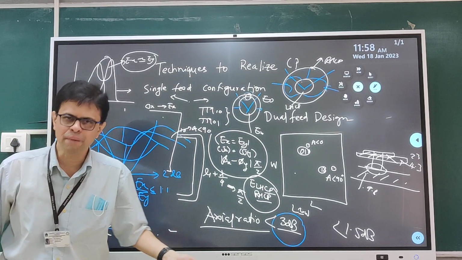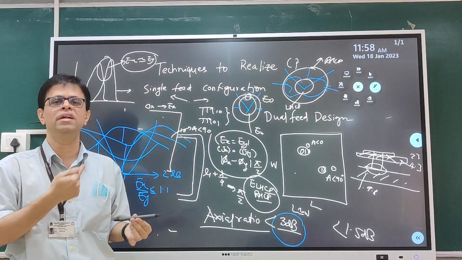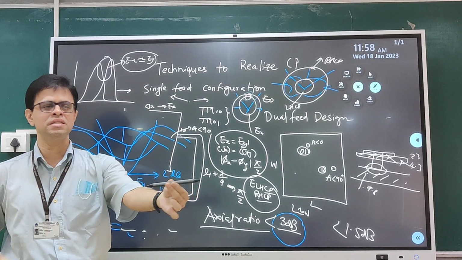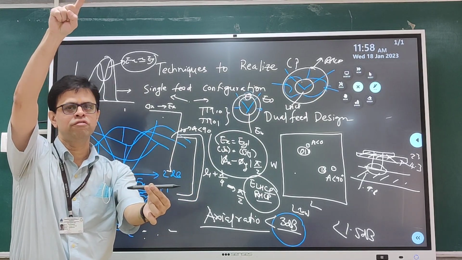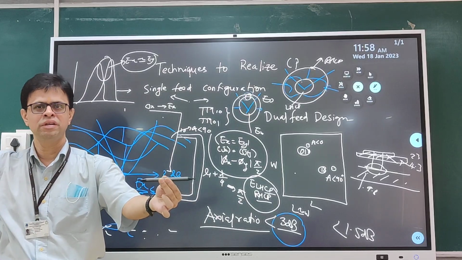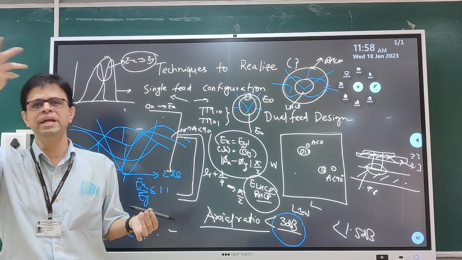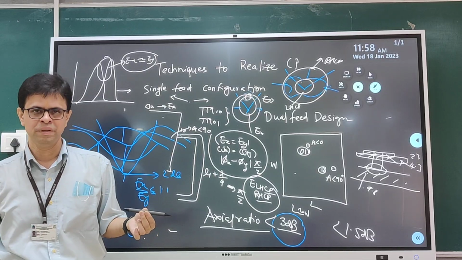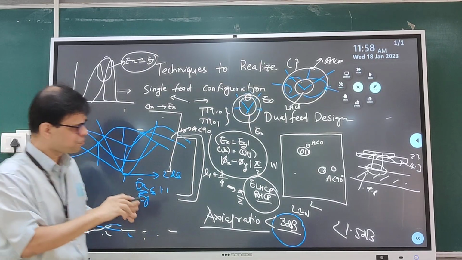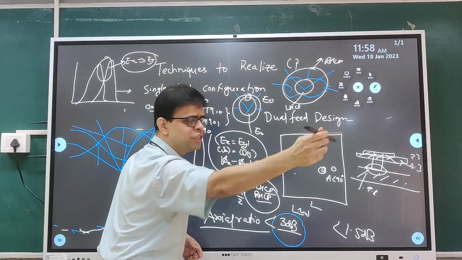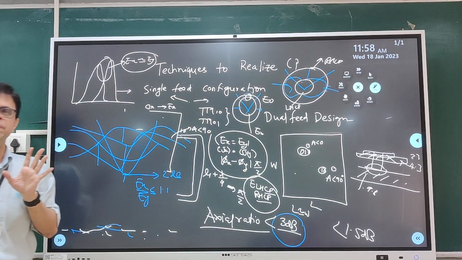From a practical application, yes, I require this kind of antenna, because I will just put my antenna like this, and it is realizing equal power from this direction as well as this direction. That is what is expected in a practical case, where a signal from any direction can be picked up. Otherwise, you are going to get a CP response only with respect to this direction.